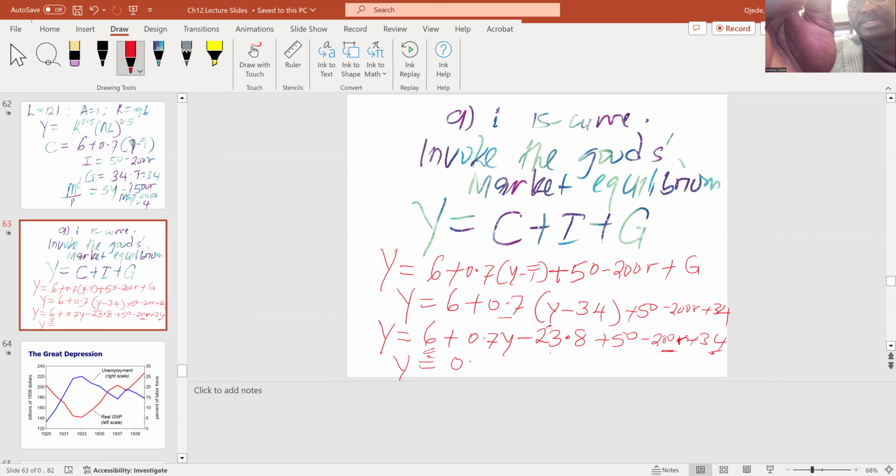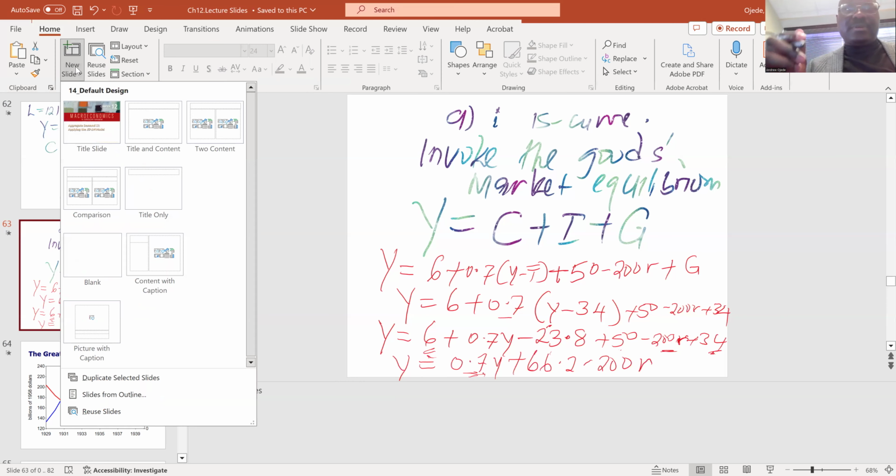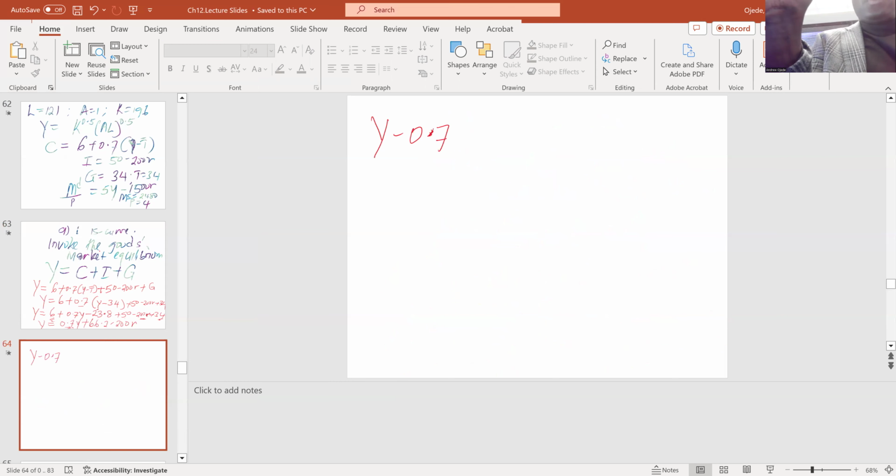So you're going to have Y equals 0.7Y plus 66.2 minus 200R. Then you have to collect terms in Y, take 0.7Y to the left-hand side. We did it yesterday. You collect those terms in Y and put them on one side. You're going to have Y minus 0.7Y must equal the right-hand side, which is 66.2 minus 200R.